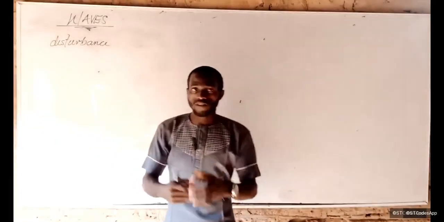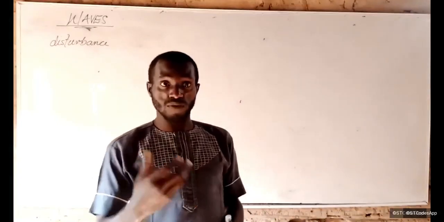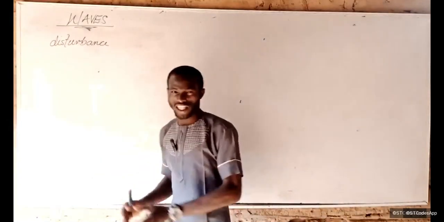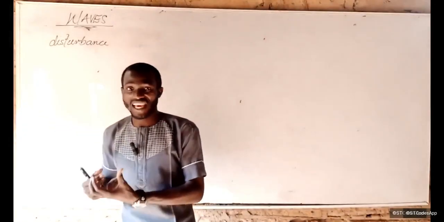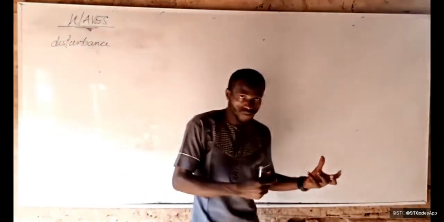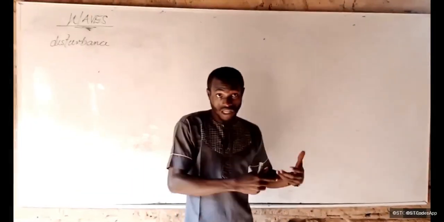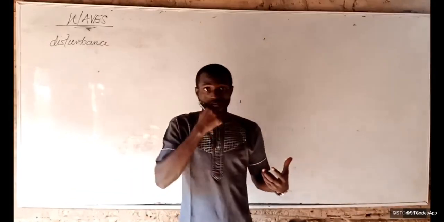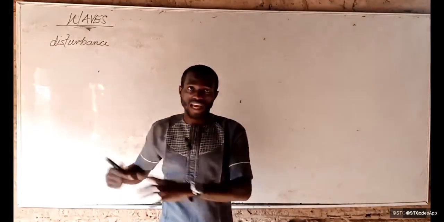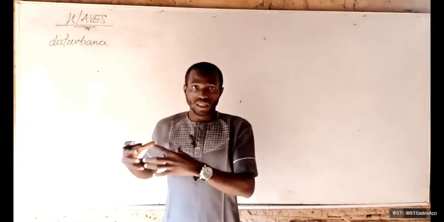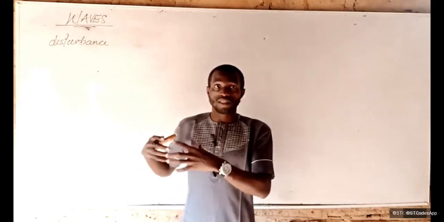I said that a wave is basically a disturbance or a vibration that is made from a source. From that source, it transfers energy to another source, carrying energy with it. Is that okay? But without the actual displacement of the molecules of that body on which that wave is being transmitted.